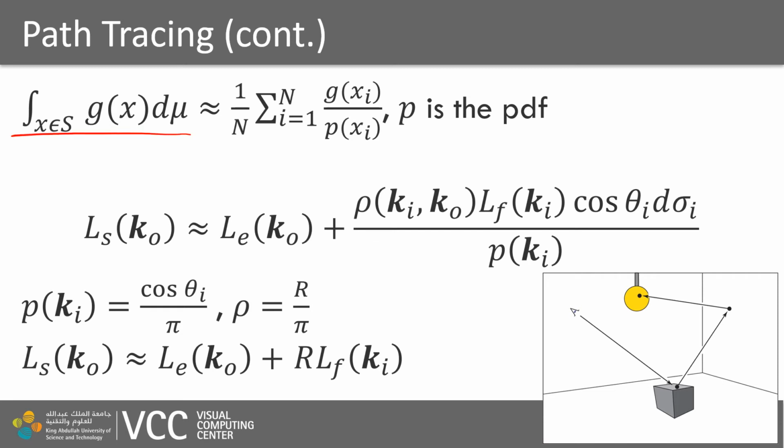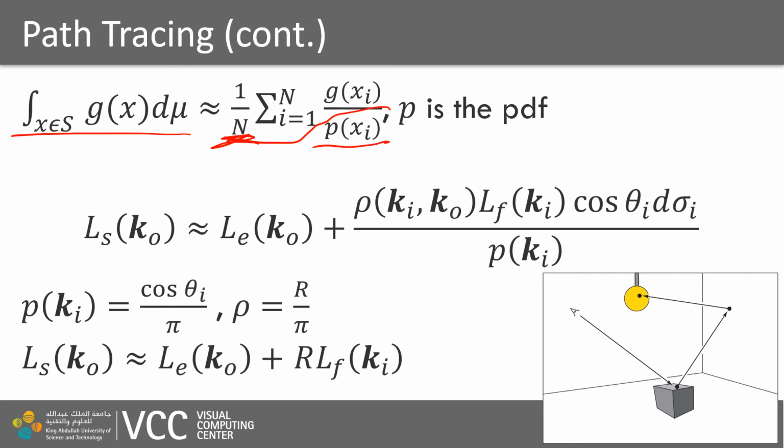And you might remember that we are doing so by calculating the sum of the values of this function at particular locations, and we are weighting it by the amount of samples we are performing and weighting it with some probability density function.